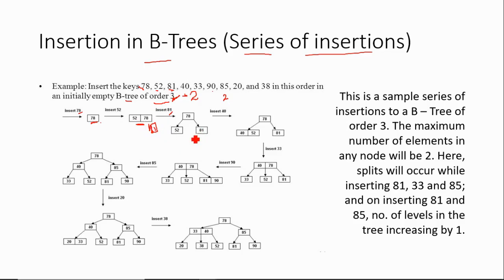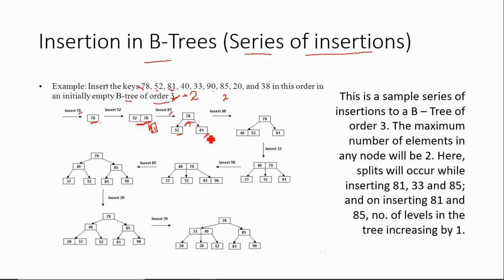So here we have to perform a split, and since there are 3 elements, the middle element is obviously 78. So 78 is moved upward, and here we have elements 52 and 81.